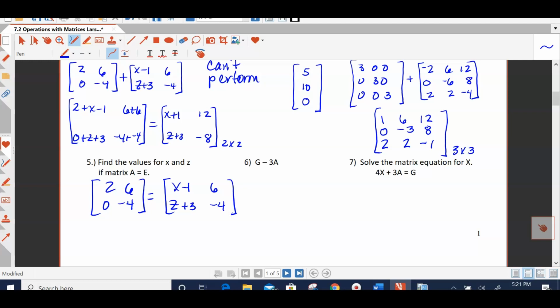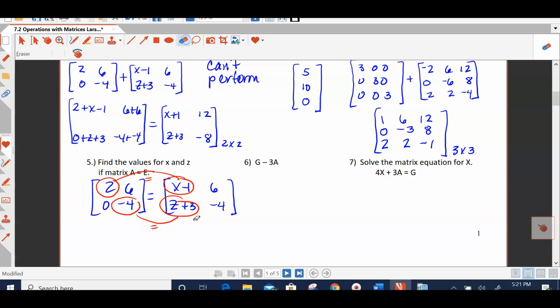That means corresponding entries are equal to each other. That means this entry of 2 must be equal to this entry of x minus 1. This entry of negative 4 must be equal to that entry of z plus 3.